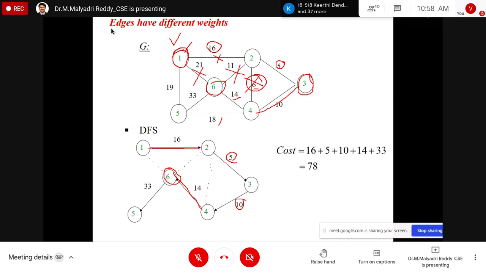Yeah, this is the one method. Suppose I choose the starting vertex as 1, this is the minimum cost. Other than this, will you get any minimum cost? I don't think so, sir. This is the one method: from each end vertex, you choose the minimum cost edge from the corresponding source vertex.